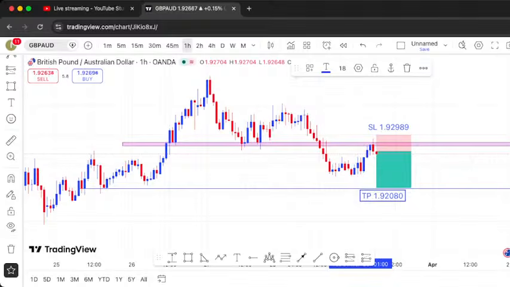GBP/AUD. Yes. Everything looks clean for a sales opportunity on it.